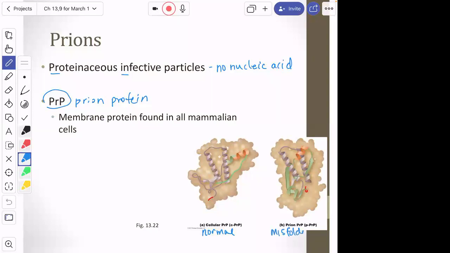Okay, so we know that exposure to that misfolded prion protein causes normal PrP to misfold.